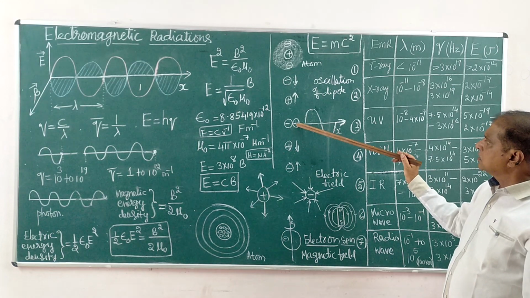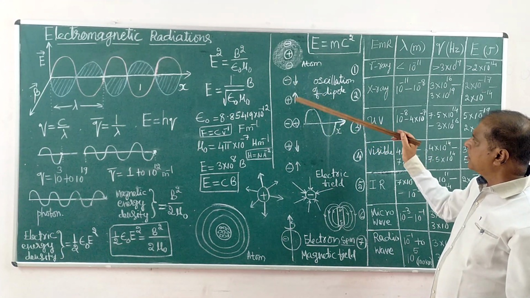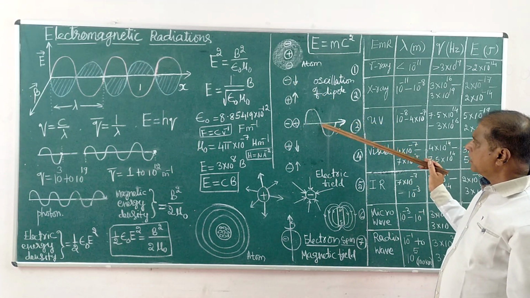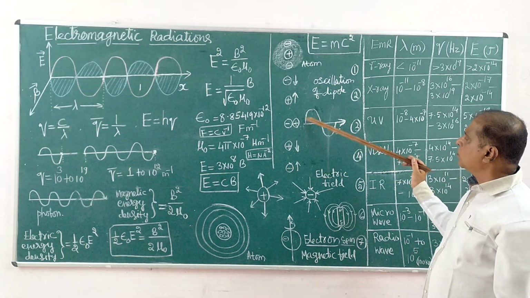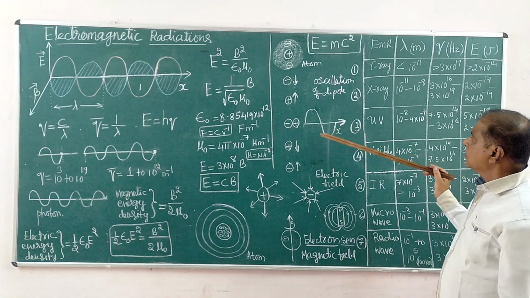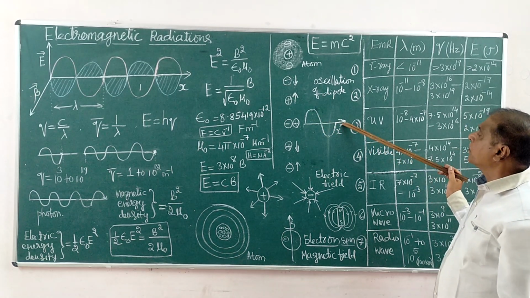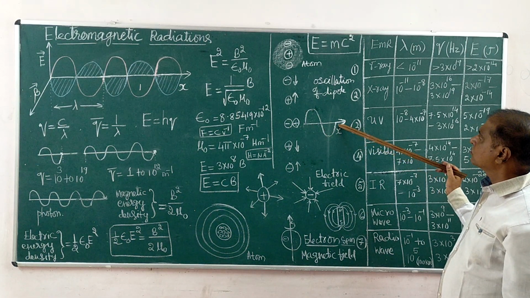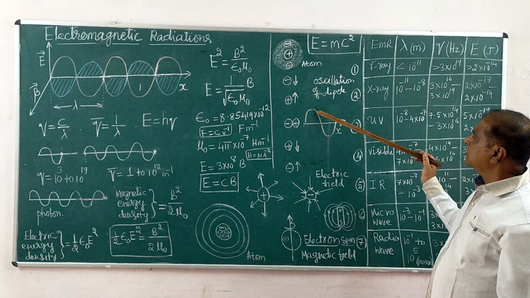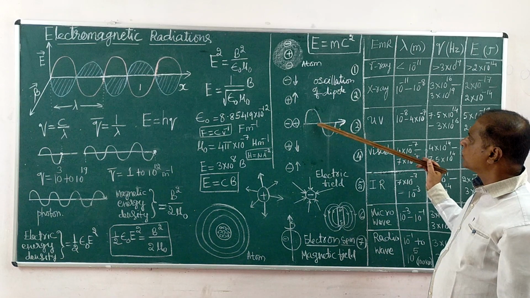First this, then back to this, again to this and back to this. It is called one oscillation, or one wave. It is oscillation of the electric field, and when the electric field oscillates like this, it has an amplitude.